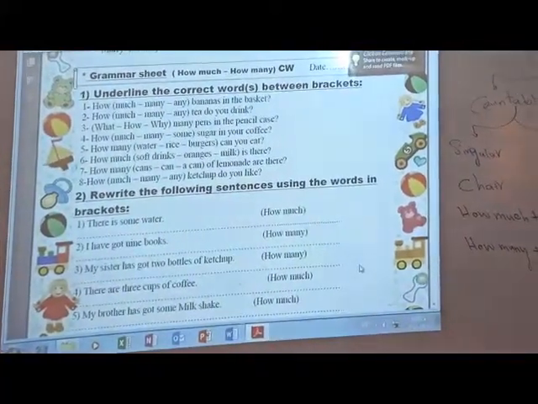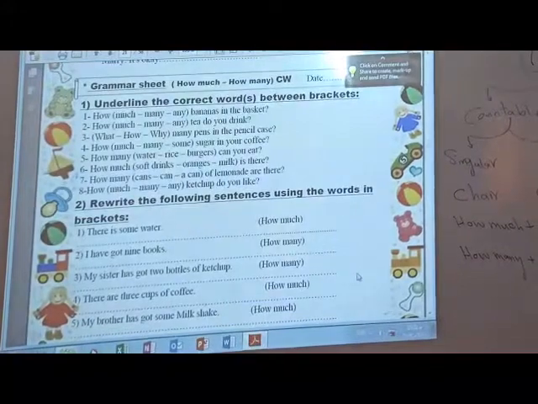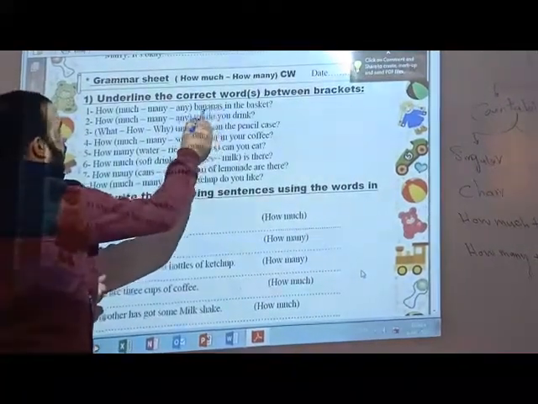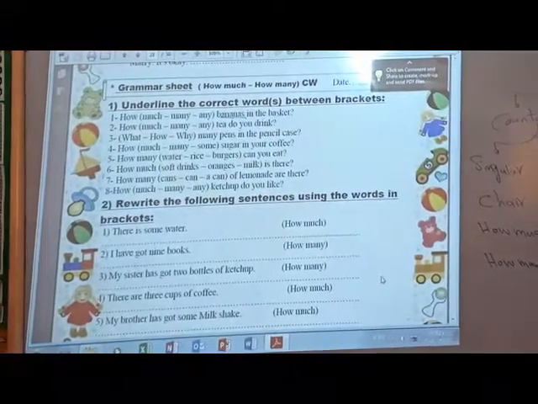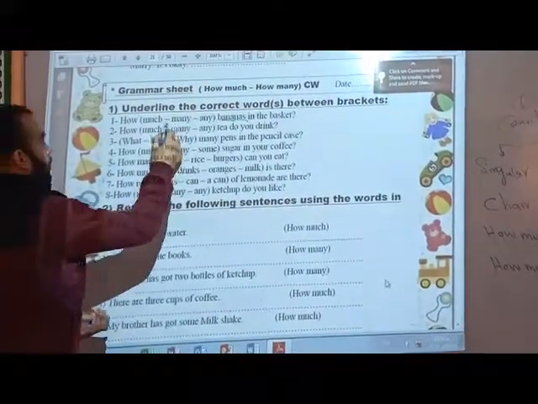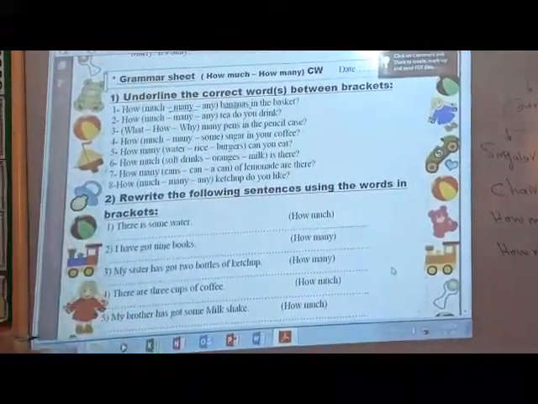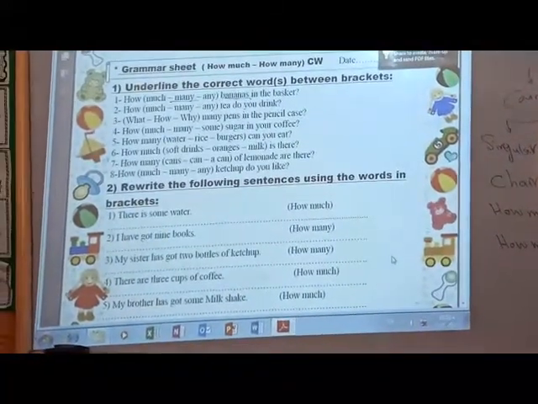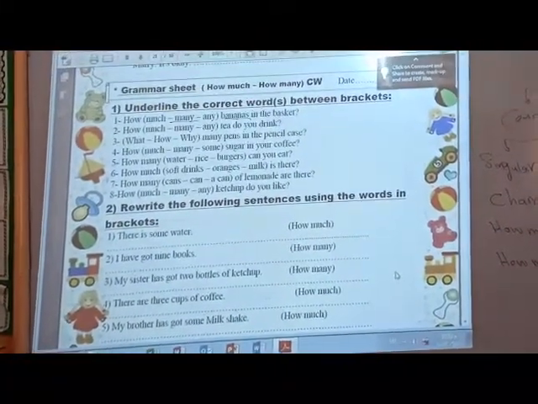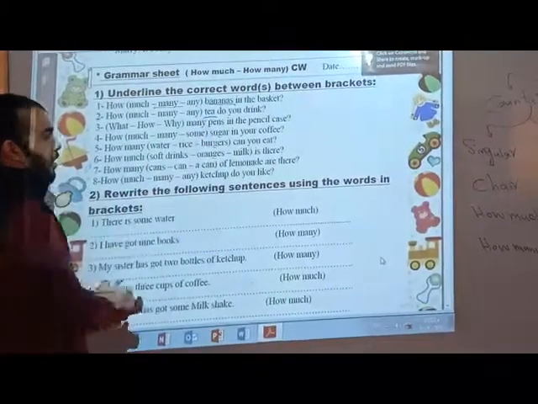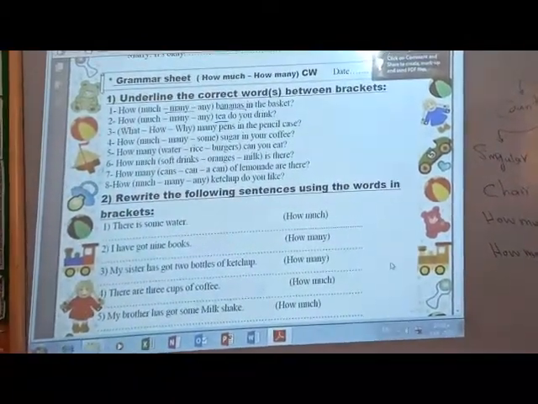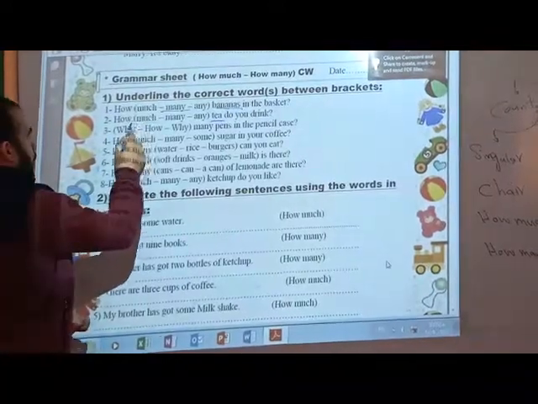How bananas in the basket. Bananas, plural countable nouns, so how many? That's right. Number 2. How tea do you drink? So the noun is tea. Uncountable noun takes how much?